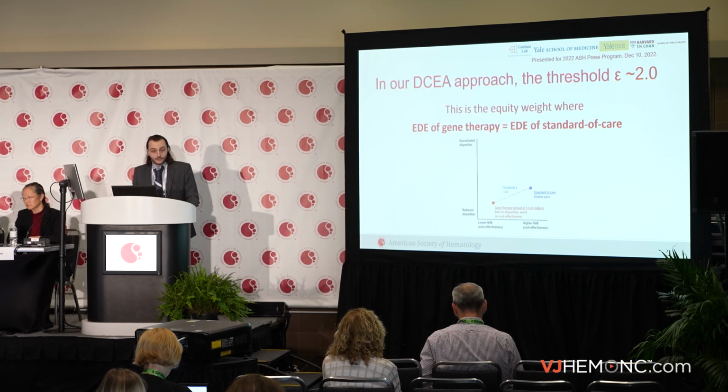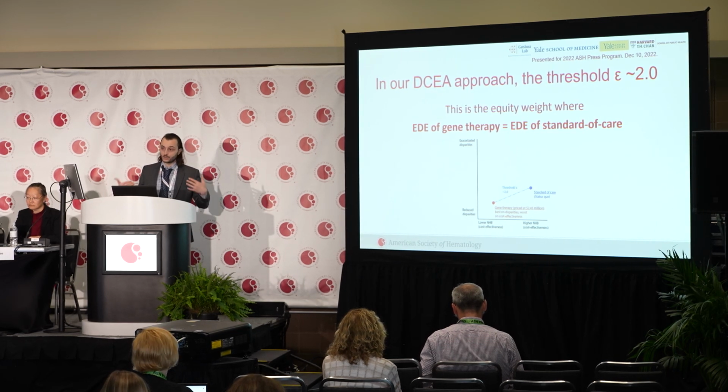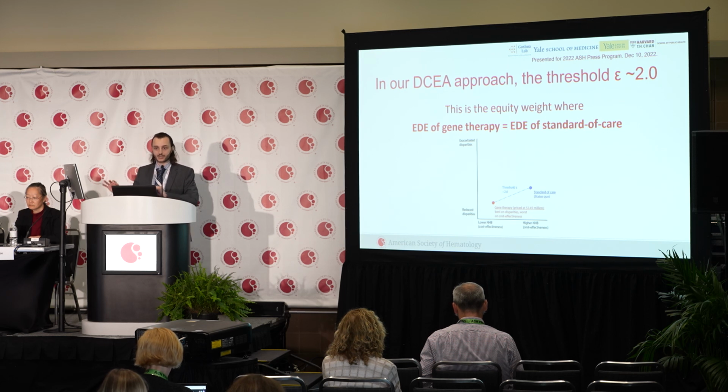However, if you start to think about the health equity component, we show that utilizing this distributional cost-effectiveness analysis component, i.e. equity weights, the threshold epsilon for these patients is about 2. If you remember, this is the reason why I showed you what has been traditionally accepted in the United States. The epsilon derived in the 1970s and 80s that is US specific and focuses on socioeconomic inequities is 0.5 to 3.